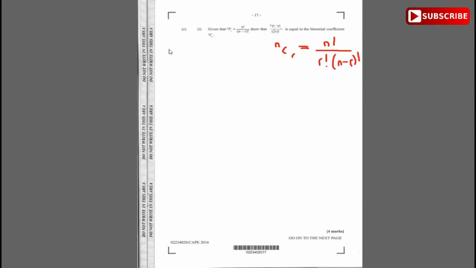So let's do that. We're going to start with our left-hand side. Let's zoom in a little bit. So our left-hand side is 2r permute r multiplied by n permute r over 2r factorial.